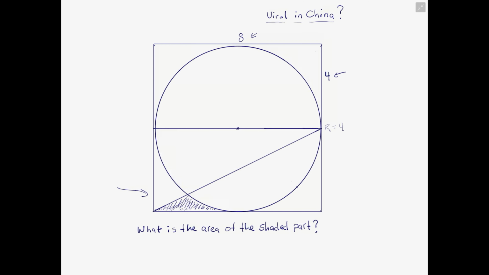And the area that's shaded is the part that the problem tasks you to try to solve. What is the area of that part? And at first it doesn't look like it could be too terribly onerous.